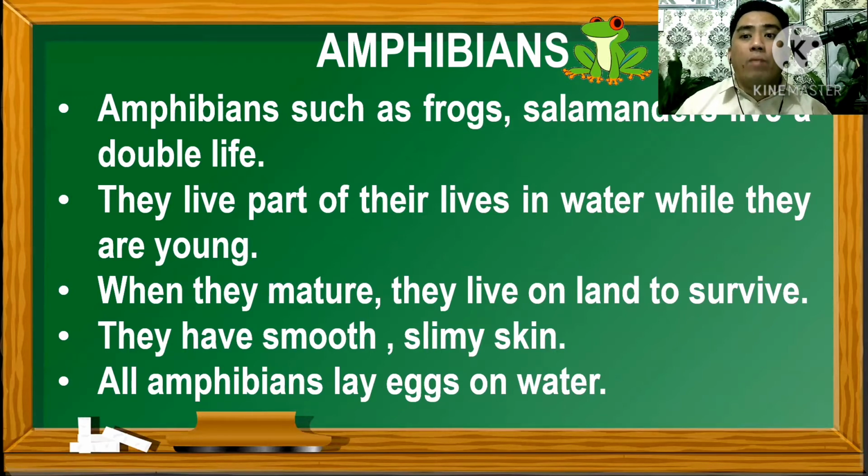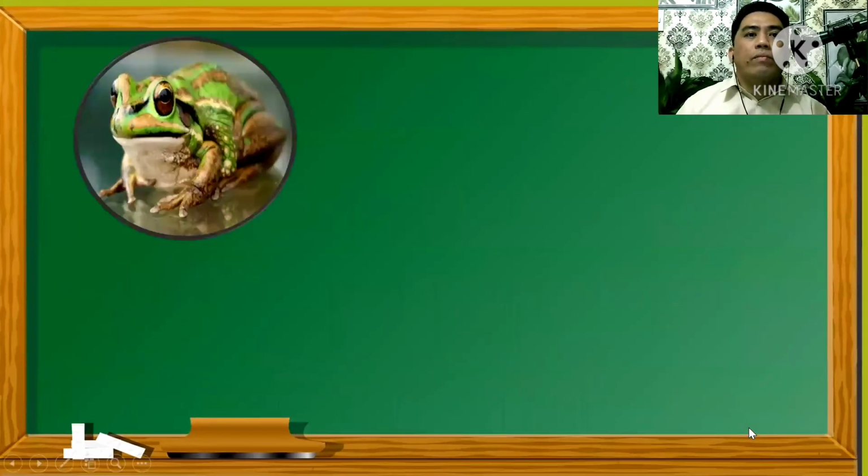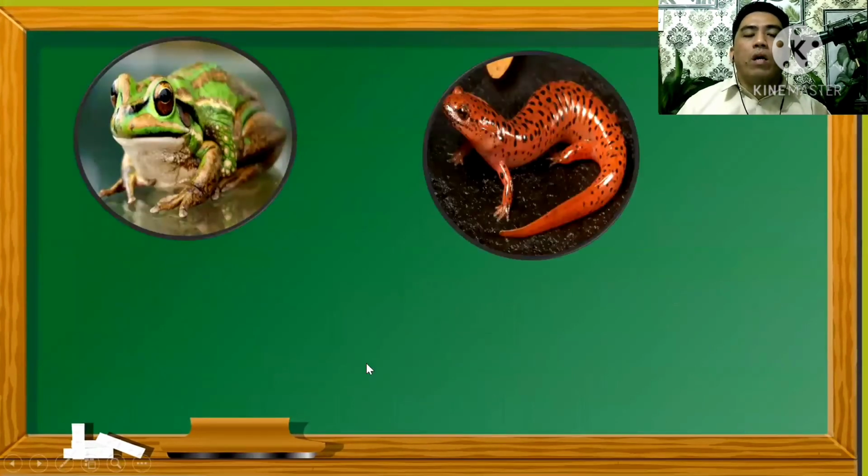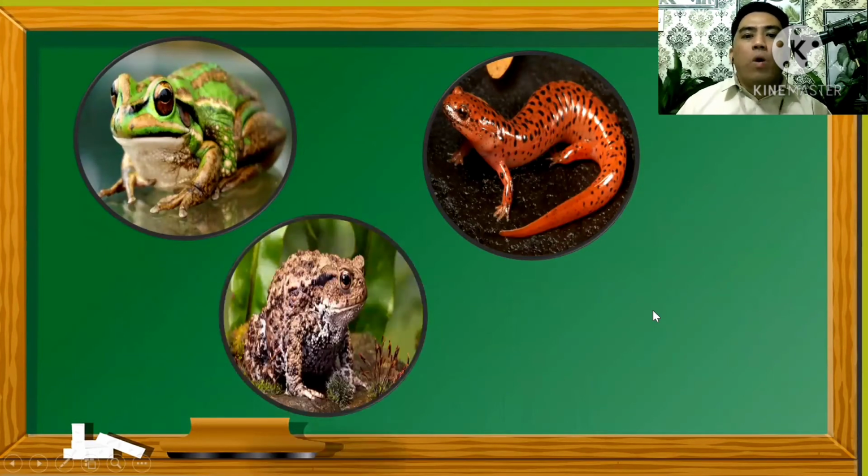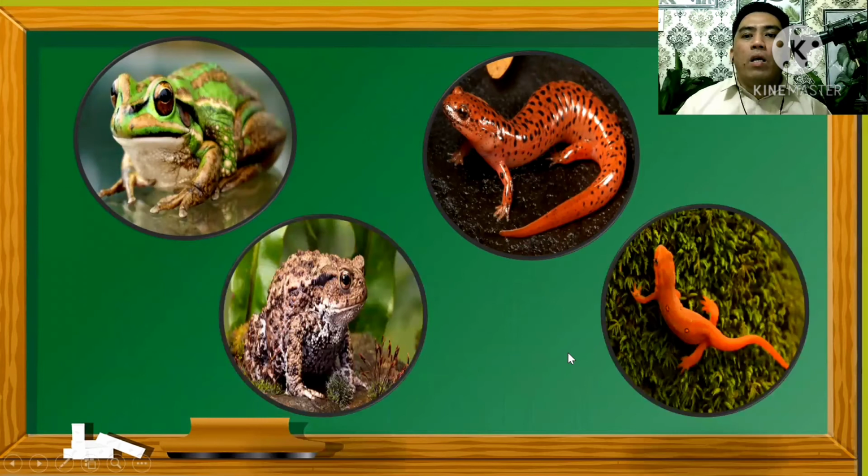So when they are young, most of them are herbivores. But when they are already adults, amphibians become carnivores. Okay, so here are examples of amphibians. So we have the frog, the salamander, the toads, and the newt. Okay. So although magkahalos magkapareho lang naman sila.